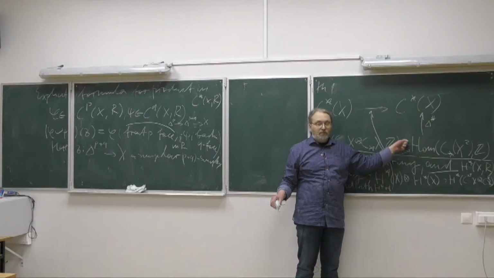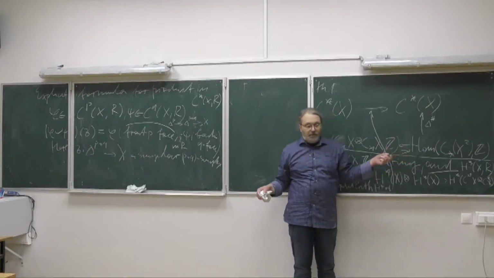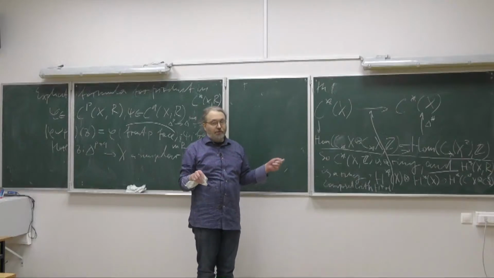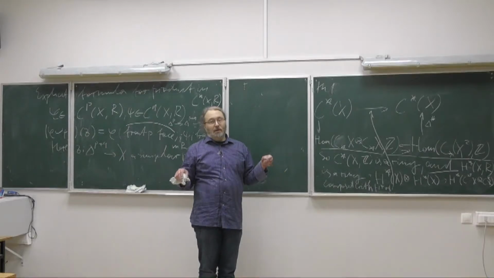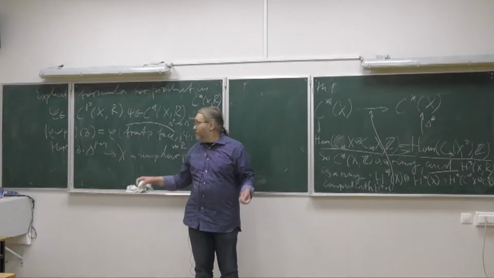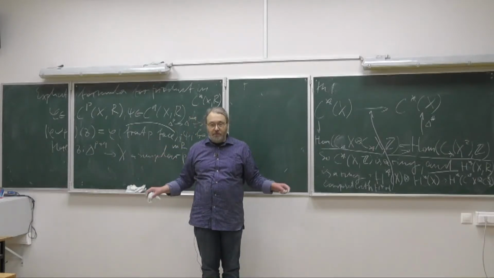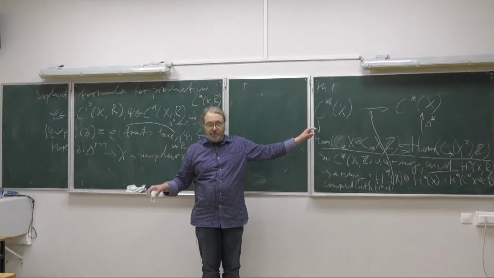Here we have some choices to make, and there is a particular choice which is called the Alexander-Whitney diagonal, which leads to this cup product, and we will see the properties of this cup product in a second.